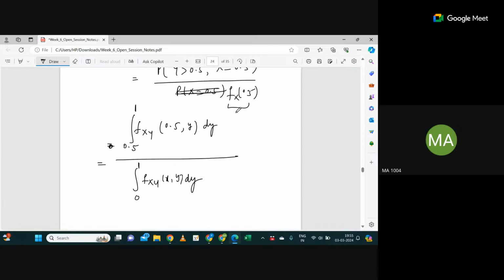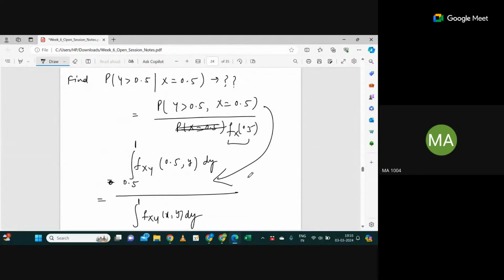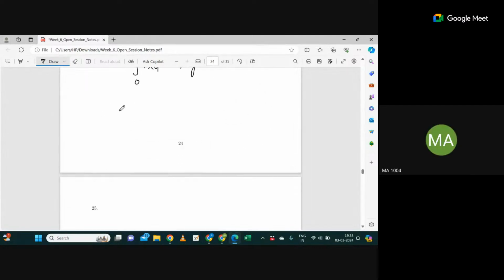Did you get how I have written it like this? Okay. So let's calculate the numerator part: the integral from 0.5 to 1 of f_xy(0.5, y) dy.